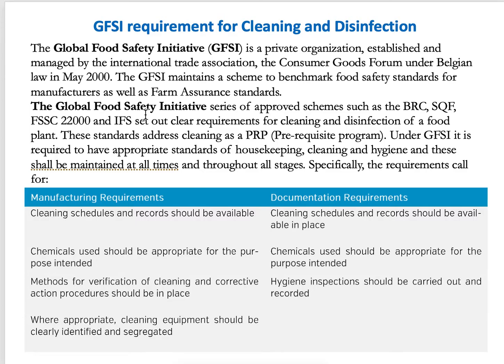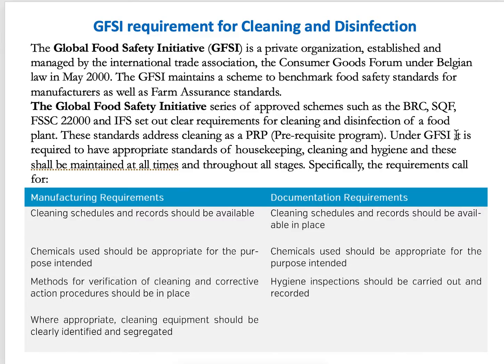These are guidelines where the cleaning requirements are written: what kind of cleaning or disinfection procedures should be performed in the food plant. The standards defined by these schemes are usually regarded as PRP, prerequisite program.